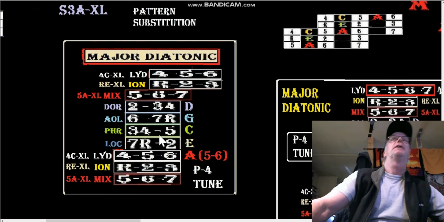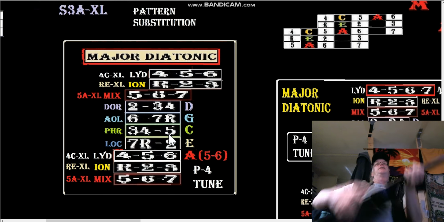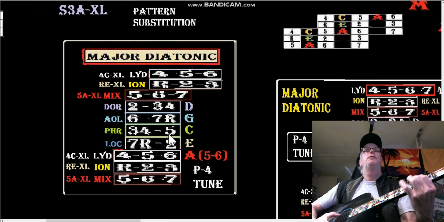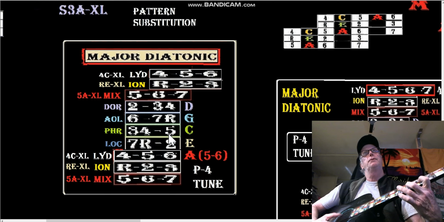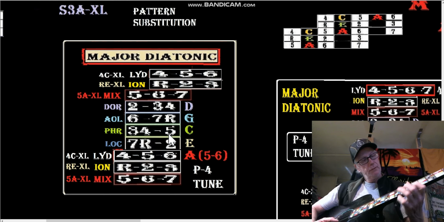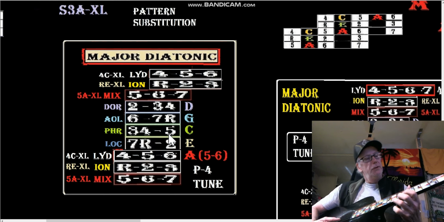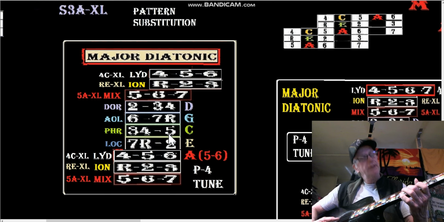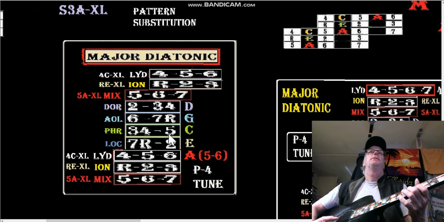So that's how you'd play that. Starting from C, you'd go 3, 4, 5, 6, 7 root 2, 3, 4, 5, 6, 7 root 2, 3, 4, 5, 6. So right above that 6 is root. It's supposed to be root.